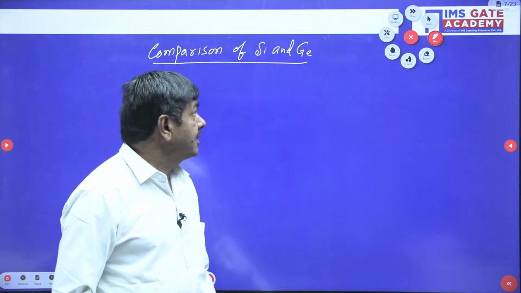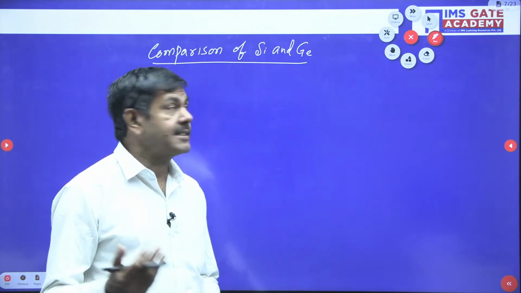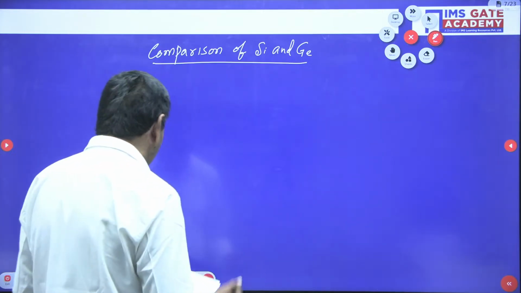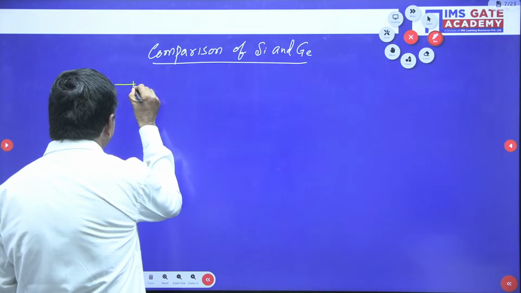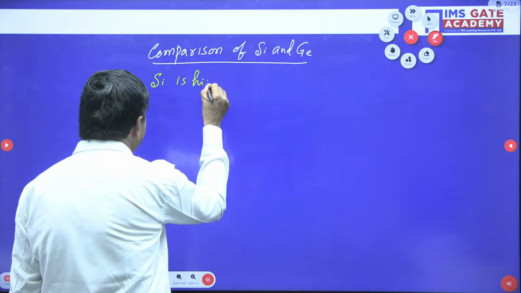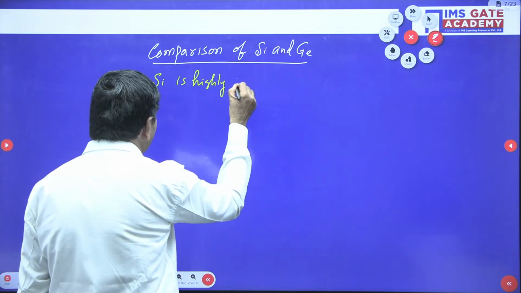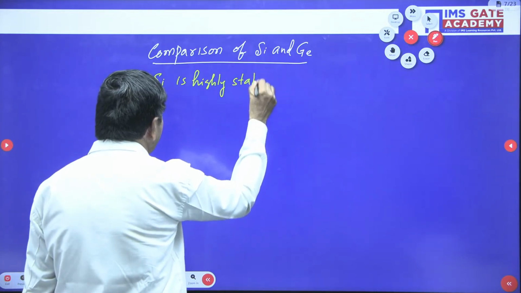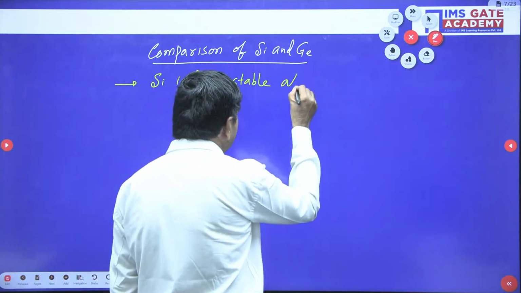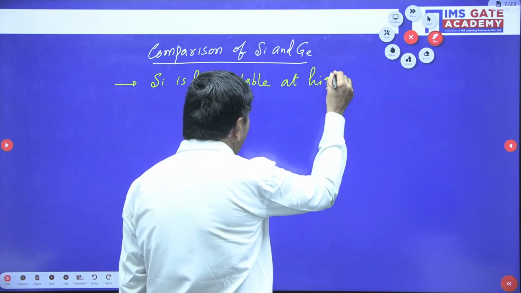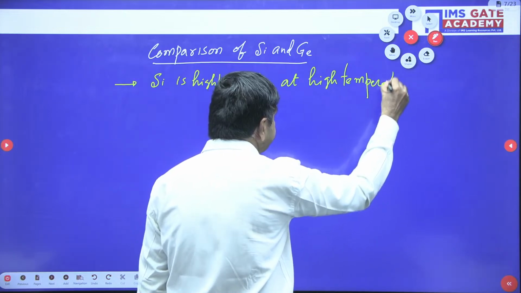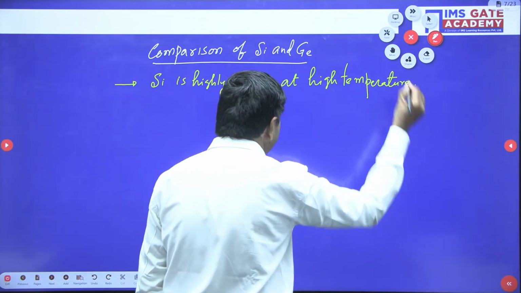First point: silicon is highly stable at high temperature.